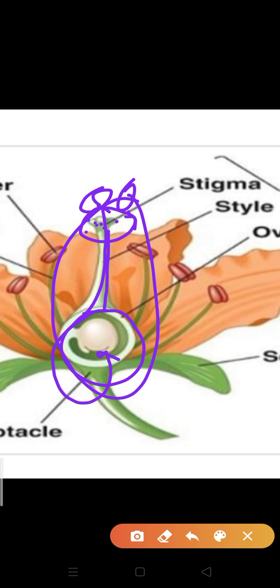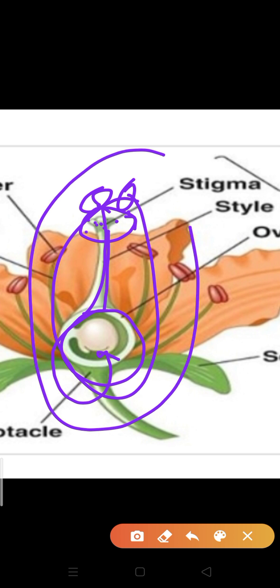The female organ of a plant is known as the carpel. This whole portion is the carpel, and another name for the carpel is pistil, and one more name is gynoecium.